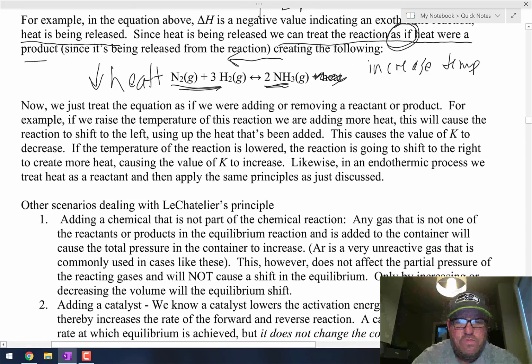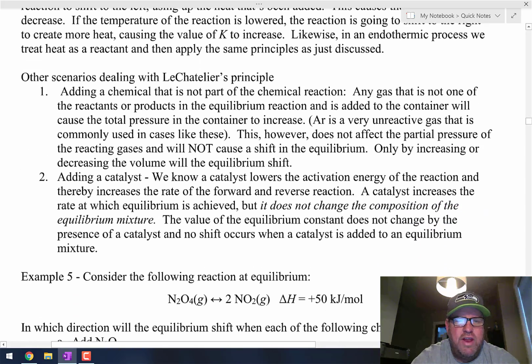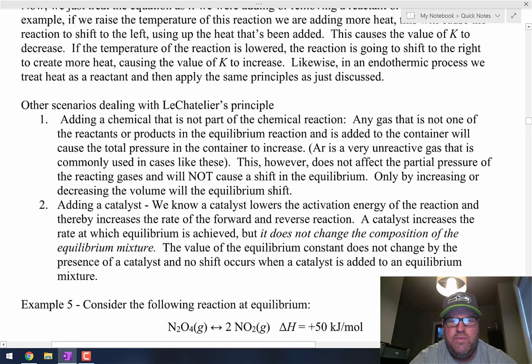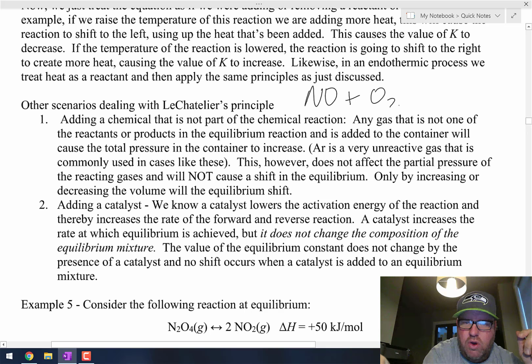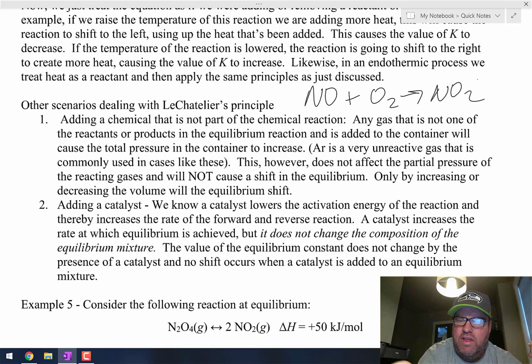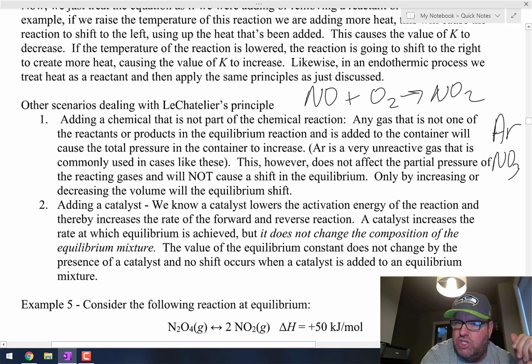Okay, so a couple of other scenarios dealing with LeChatelier's principle. Let's say you have NO plus O2 making NO2, something like that. What if I add a gas that's not involved in the reaction at all? Let's say I add some argon gas, or I add some NO3 gas, which is close to this, but not the same.